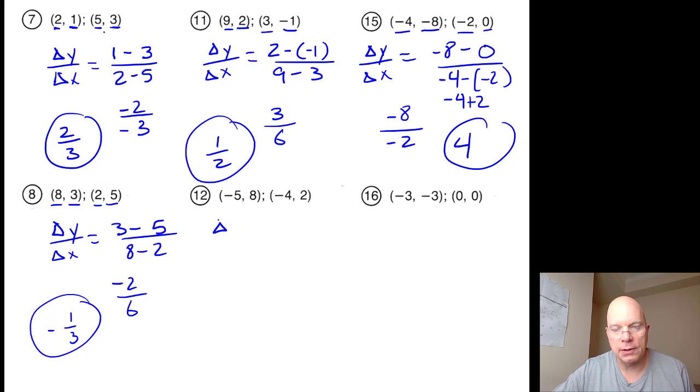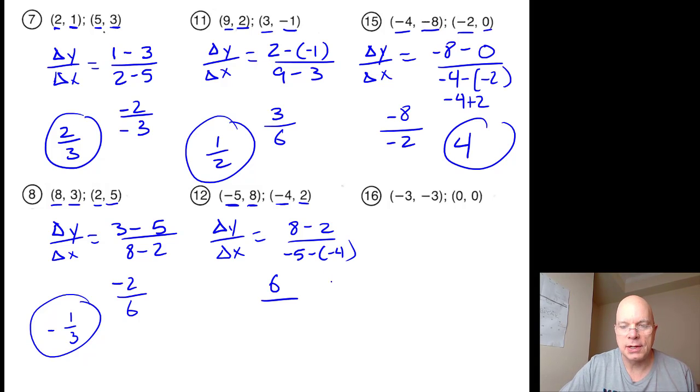Okay, number 12, delta y over delta x. 8 minus positive 2 over negative 5 minus negative 4. 8 minus 2 is 6. Negative 5 minus negative 4 is the same as negative 5 plus 4, so negative 1.